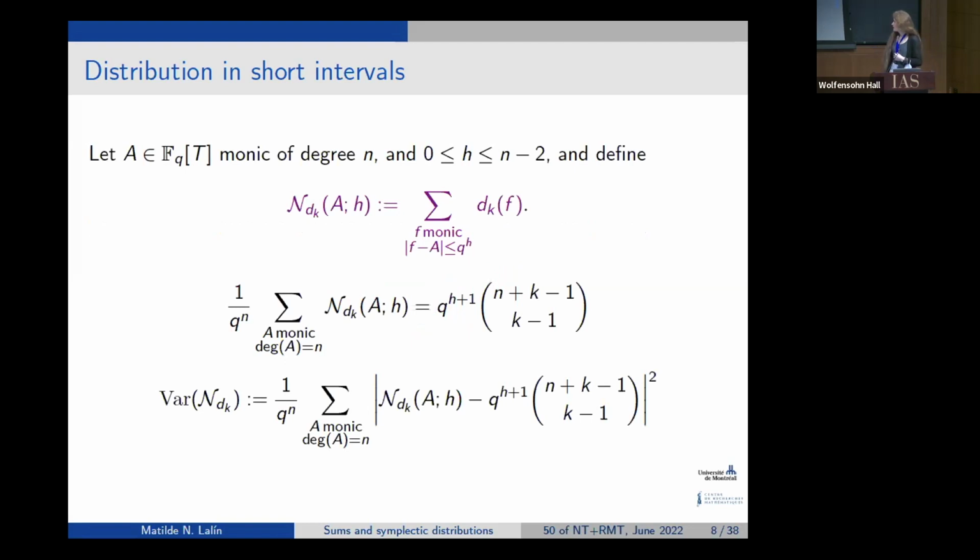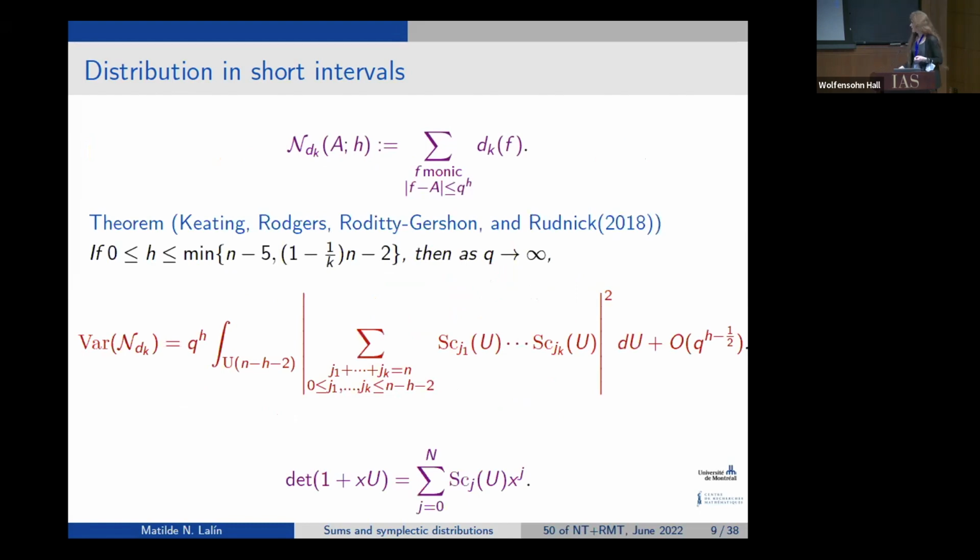Okay, so the results that they get: they can compute the average of this sum of d_k over short intervals. That's the mean computation, and then they consider the variance.